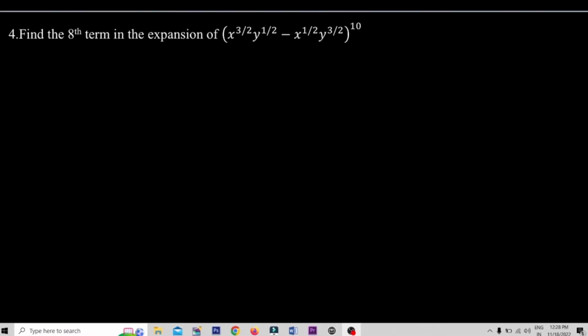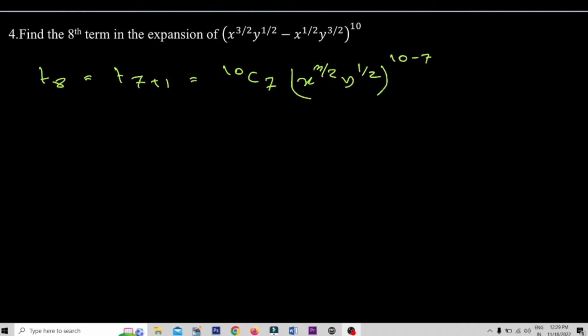Then next sum. In this case, find the 8th term in the expansion. So T8 equal to T7 plus 1, that is 10C7. First term, it means (x to the power 3 by 2 into y to the power half) whole to the power 10 minus 7 and (minus x to the power half y to the power 3 by 2) whole to the power 7.